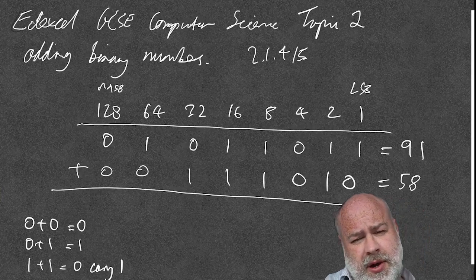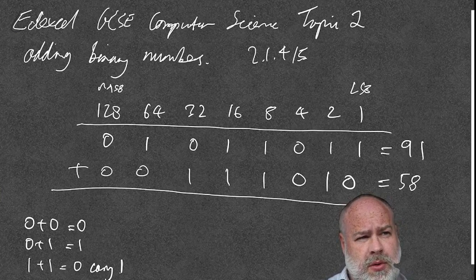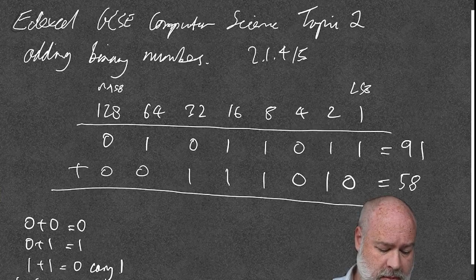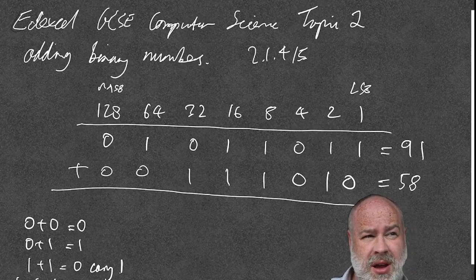That's what the books will tell you to memorize, right? Which I don't think is always that helpful, because there are certain scenarios where you have 1 plus 1 plus 1. What do you do then? And I've seen those in exams before.